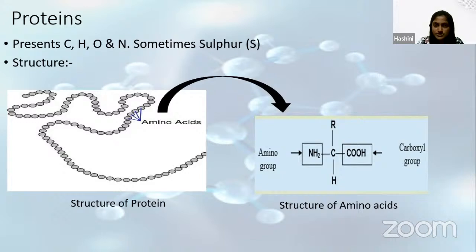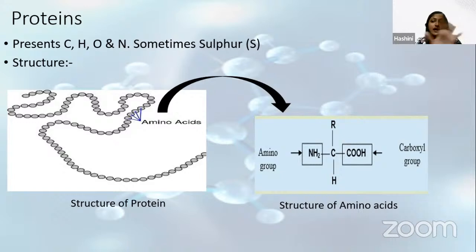Like carbohydrates, proteins can be used as an energy source. If the carbohydrate amount is not present in order to get energy, then in the body, these proteins also can be used to supply the energy.